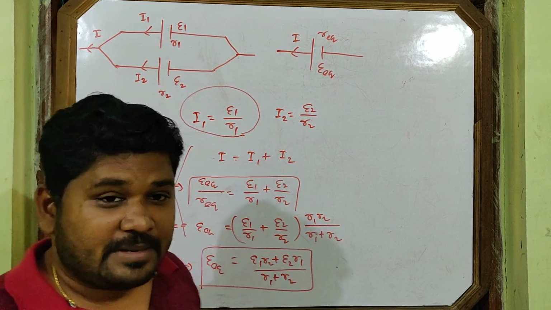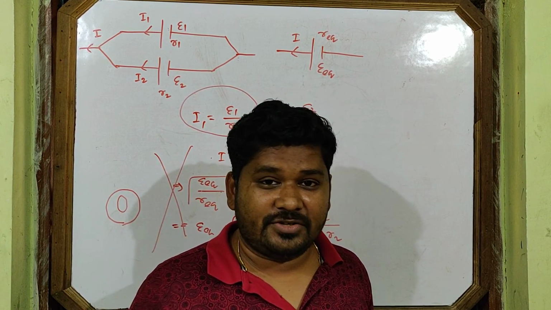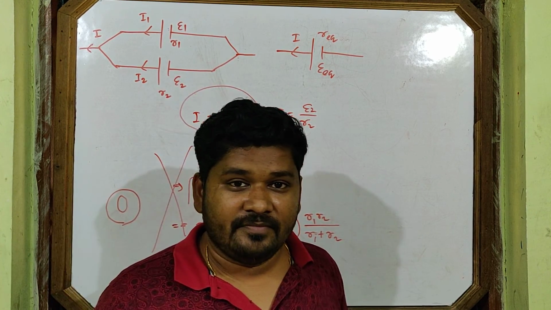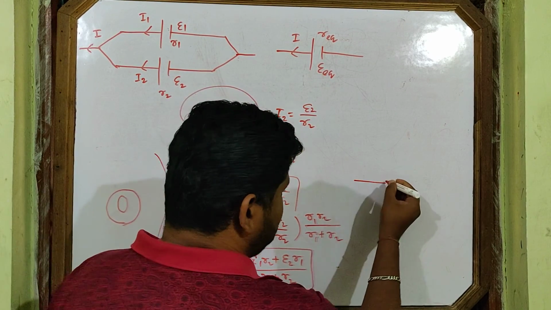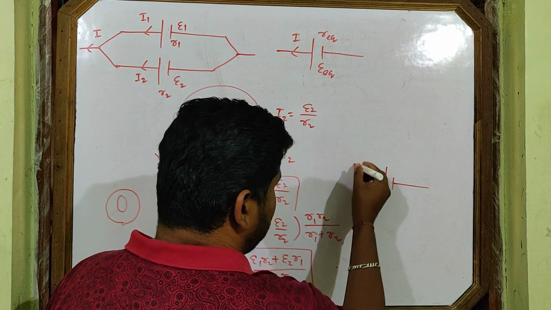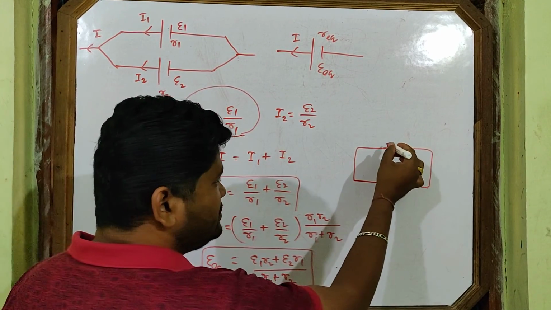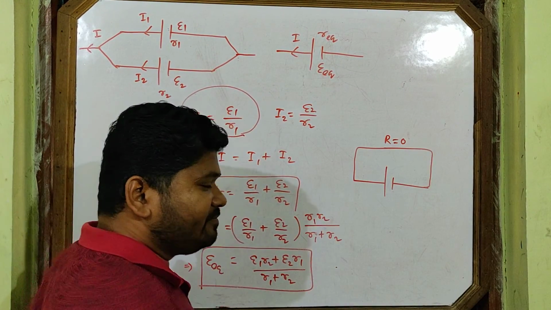Then where is it used? I am telling you, in between, one concept here also: short circuit current. Suppose one cell is like this. Short circuit current, you connect it without external resistance, means no resistance here.